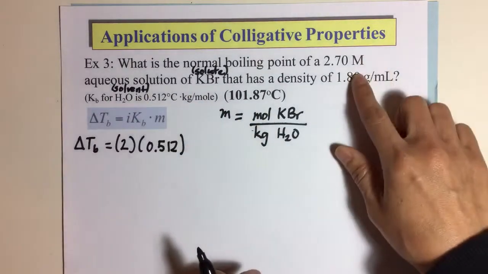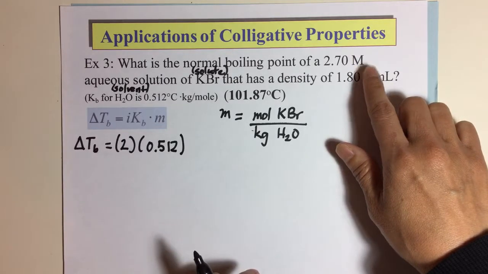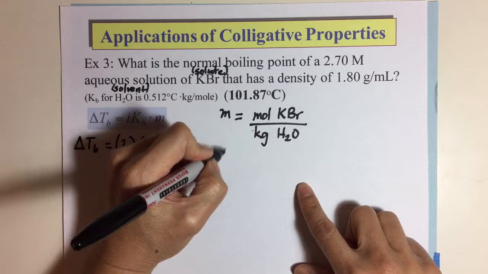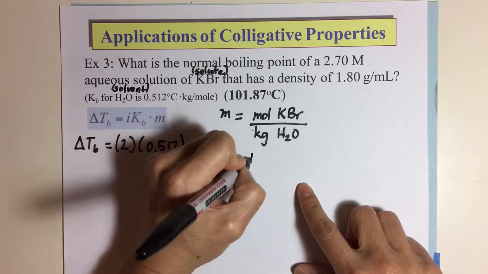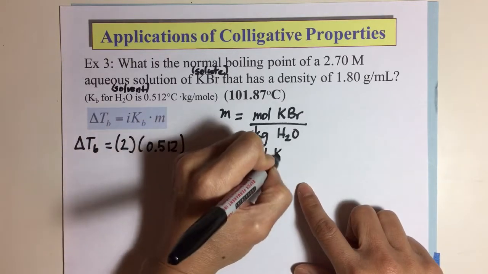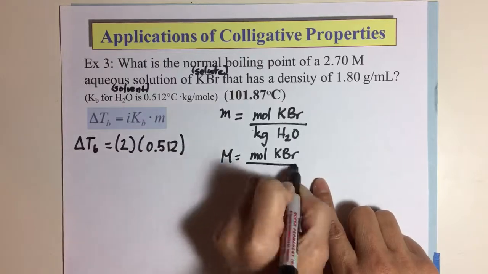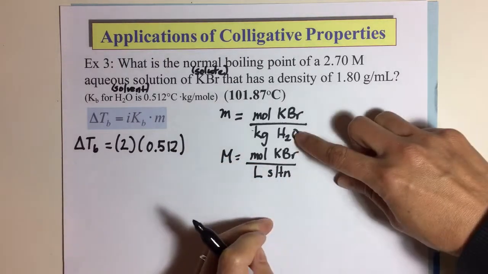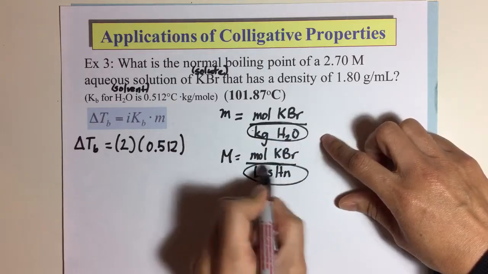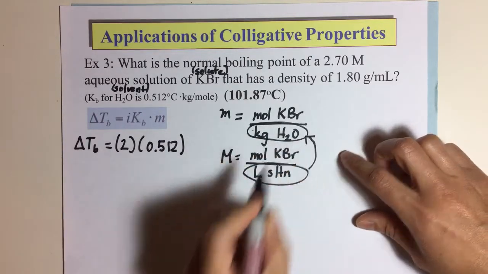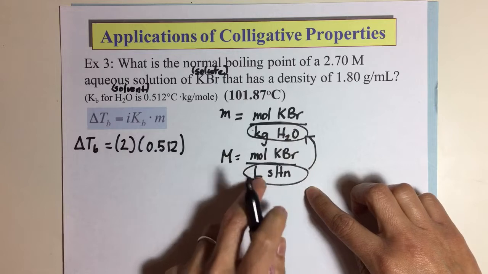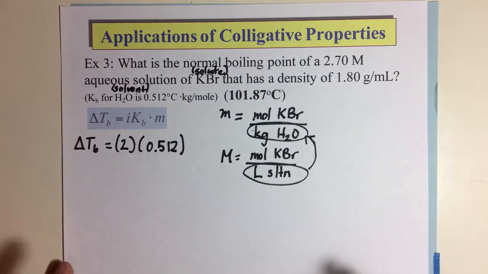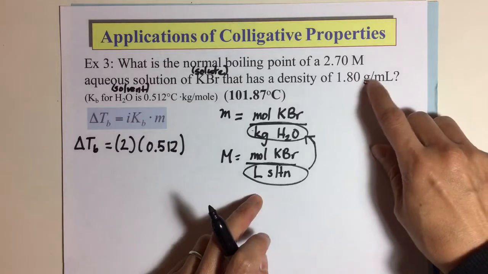Now, the problem is molarity is different from molality in the sense that molarity, capital M, is moles of solute, which is KBr, over liters of solution. So the problem is, how do we get these 2 units to match? Okay, so from liters of solution to kilograms of water, how do we do that? We're going to have to use density for that.